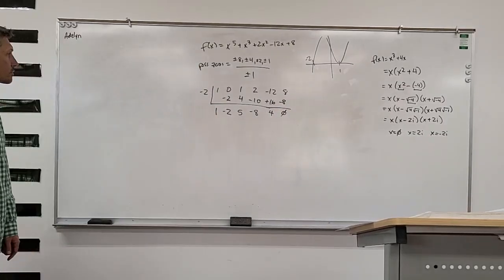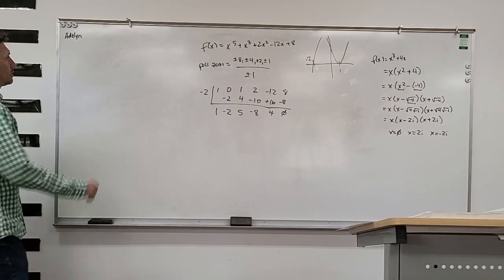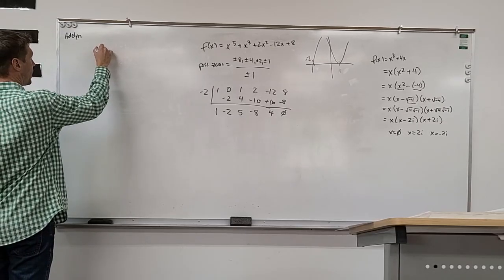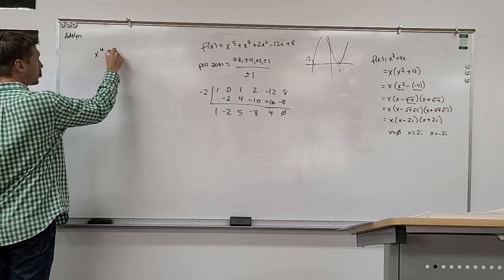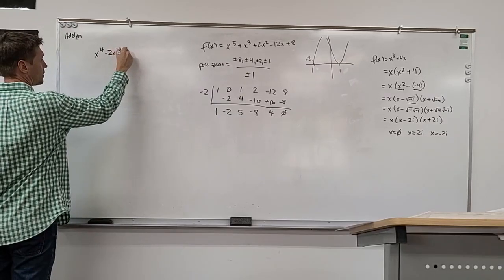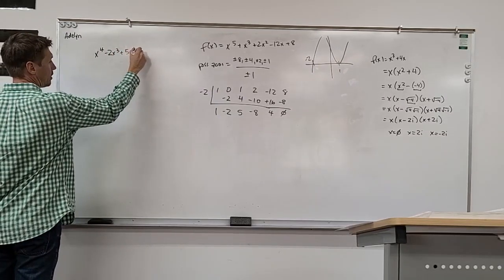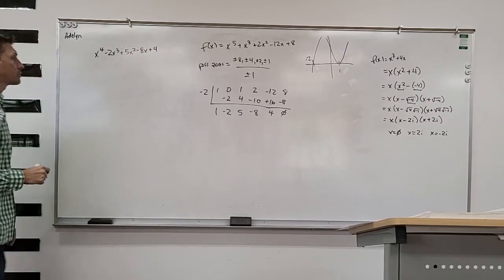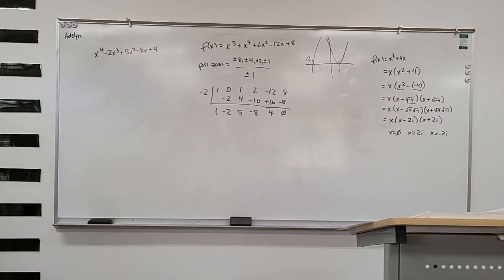So our next equation is going to be x to the 4th power minus 2x cubed plus 5x squared minus 8x plus 4. Still not small enough for us to do factoring without doing division.